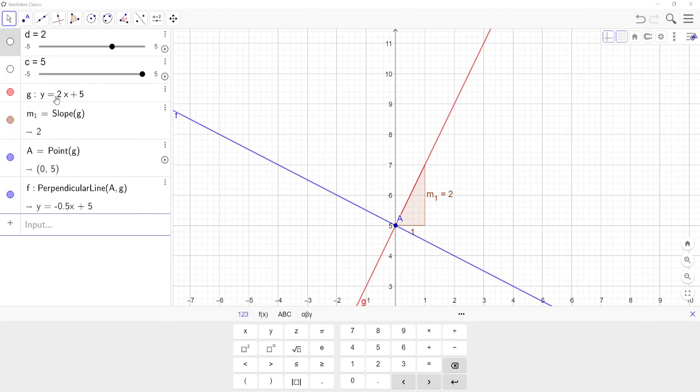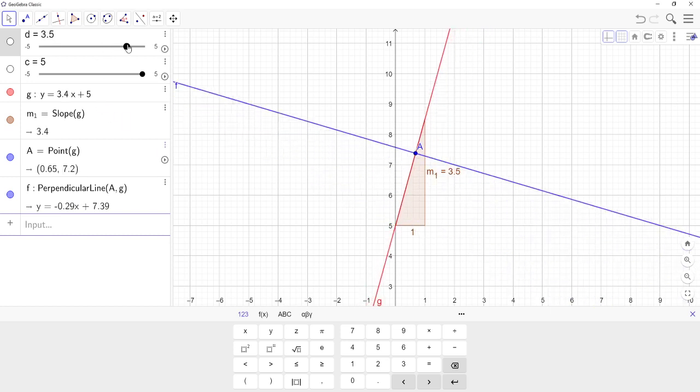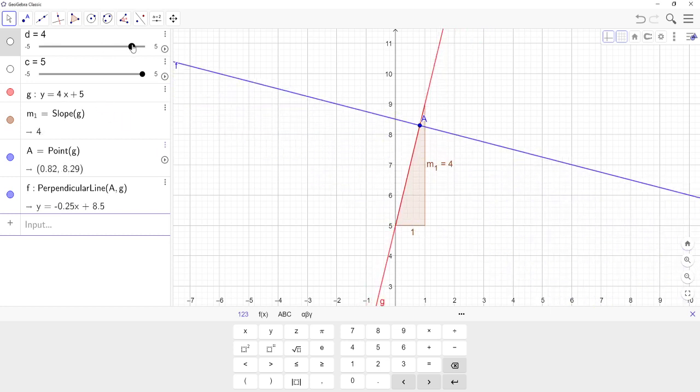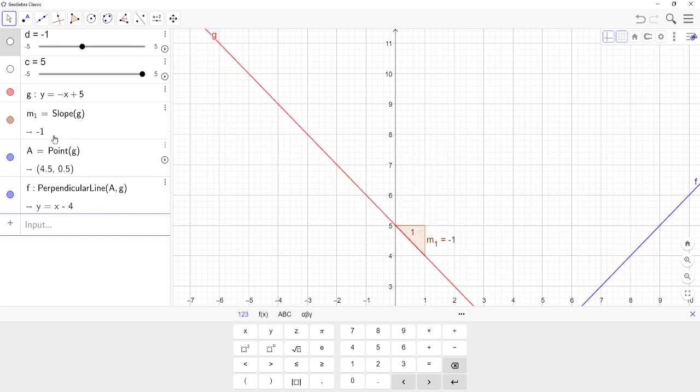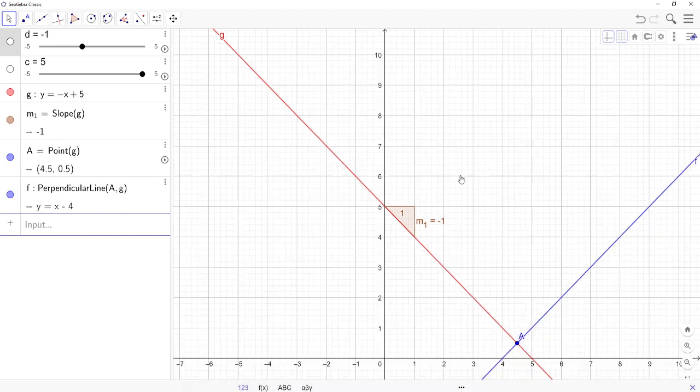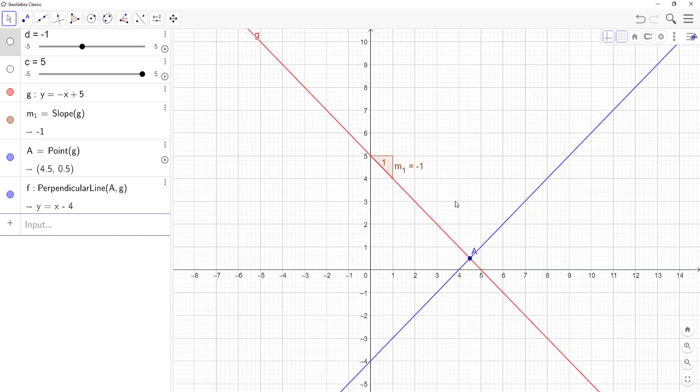So if we do 2 times -0.5, we would get -1. If we do 4 times -0.25, we would get -1. If I did -1 times 1, I would get -1.